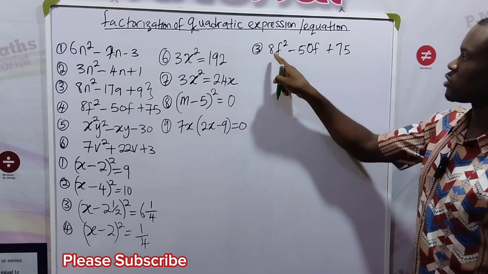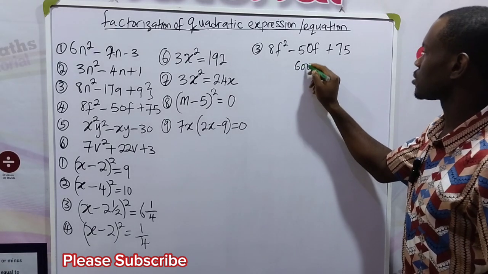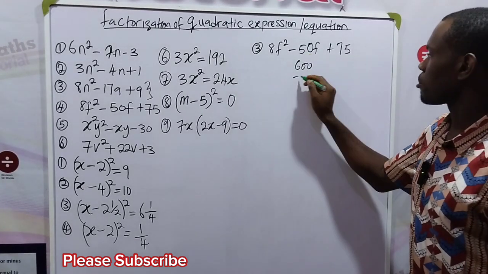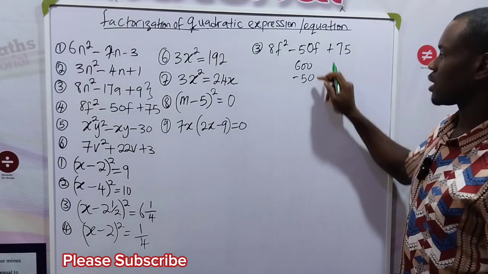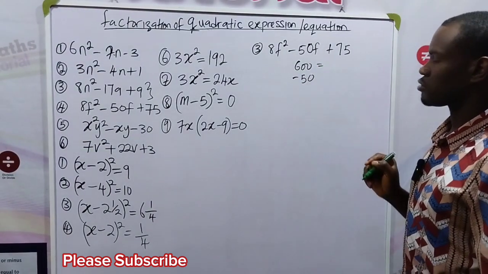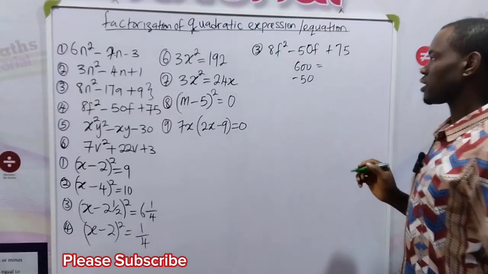To get our product, 8 will multiply 75 and that will give us 600. That is our product. Then the sum is this guy, minus 50. So let's get the two factors for 600 and then for 50. Now, what two numbers can you multiply to have 600? You add the same two numbers, you have negative 50, right?